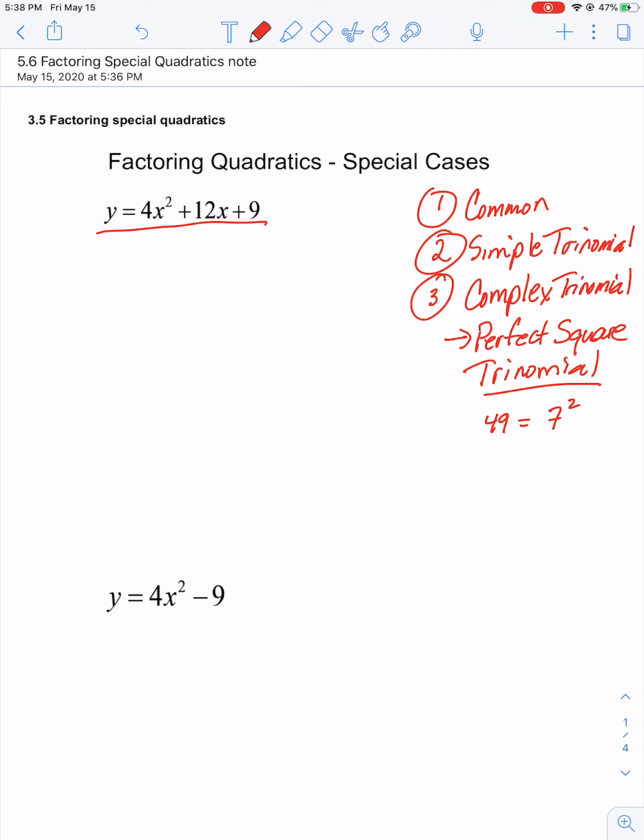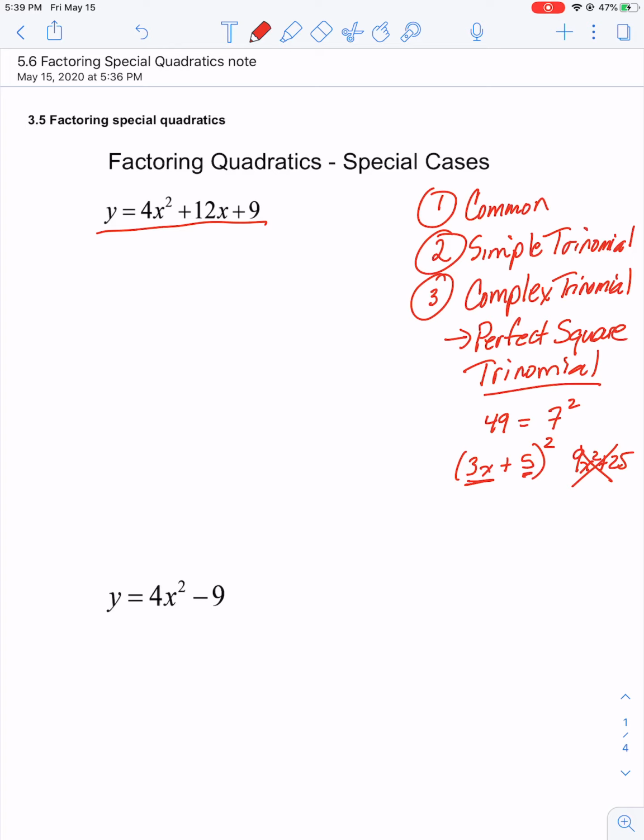It's not a binomial. So let's say, for instance, you had the binomial 3x plus 5, and you wanted to square it. A lot of people will say that the answer is 9x squared plus 25, and that is wrong. Because they'll just take the 3x and they'll square it to get 9x squared, and they'll take the 5 and square it to get 25.